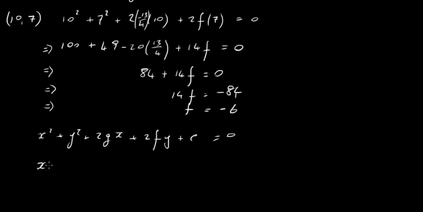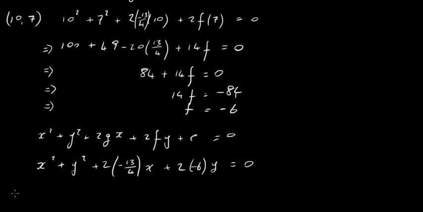So our final equation then is x squared plus y squared plus twice the g, so remember the g was minus 13 over 4, x plus twice the f here, which was minus 6, times y. c was 0, so that will give us finally x squared plus y squared minus, this becomes 6.5x, this here will become minus 12y, and that's equal to 0.